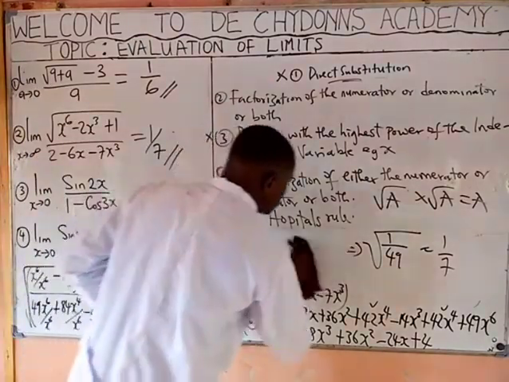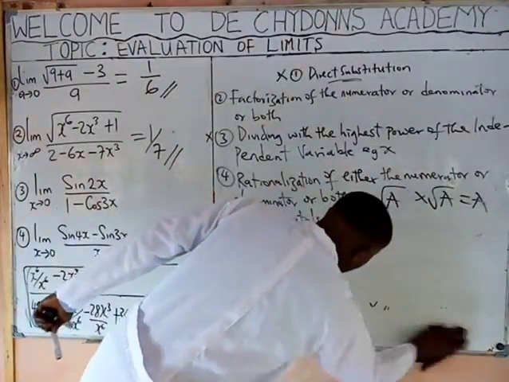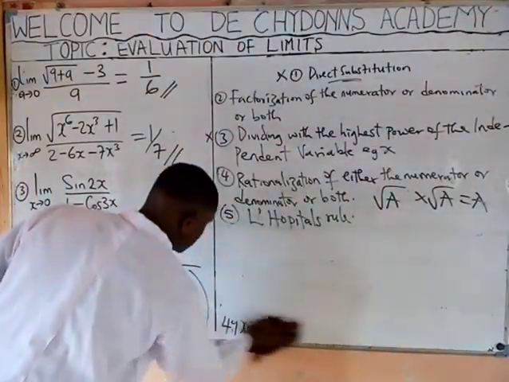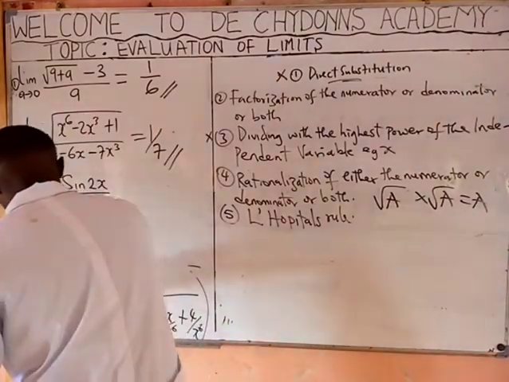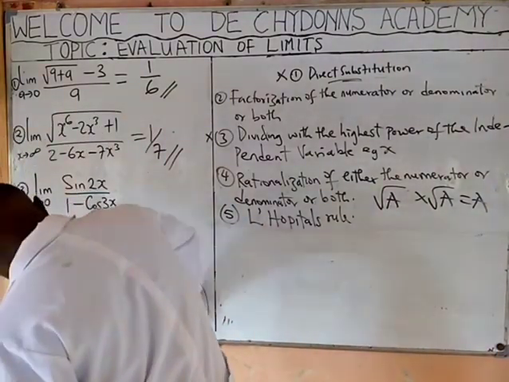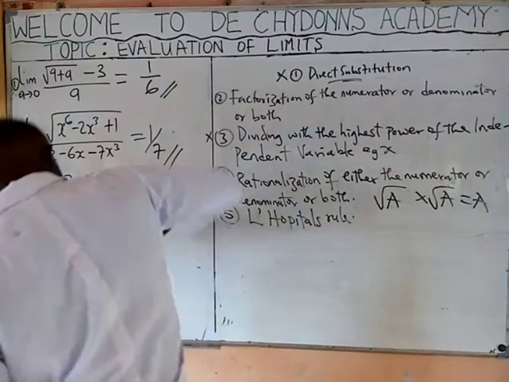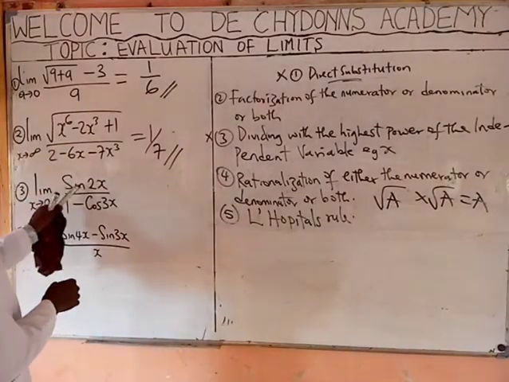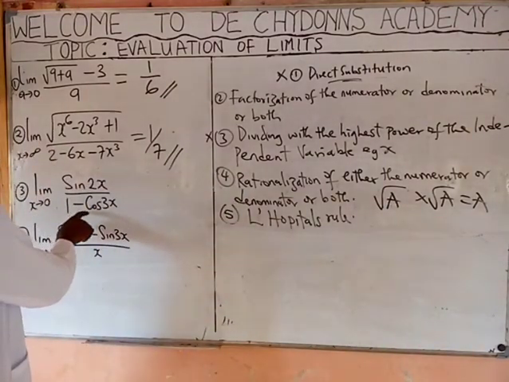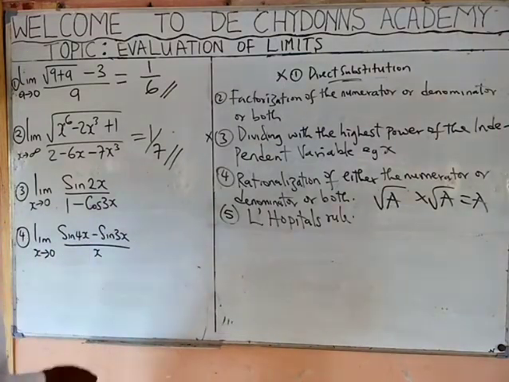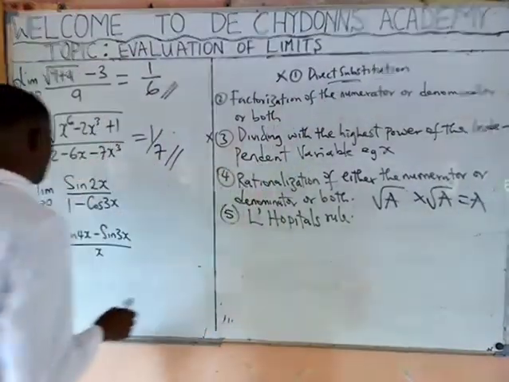Now, the second to the last question says, evaluate the limit of sine 2x all over 1 minus cos 3x as x tends to 0. Try the substitution method first.